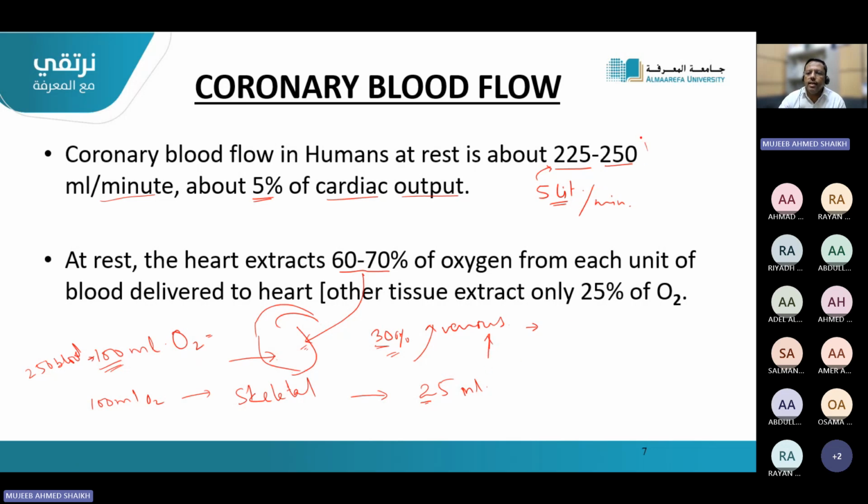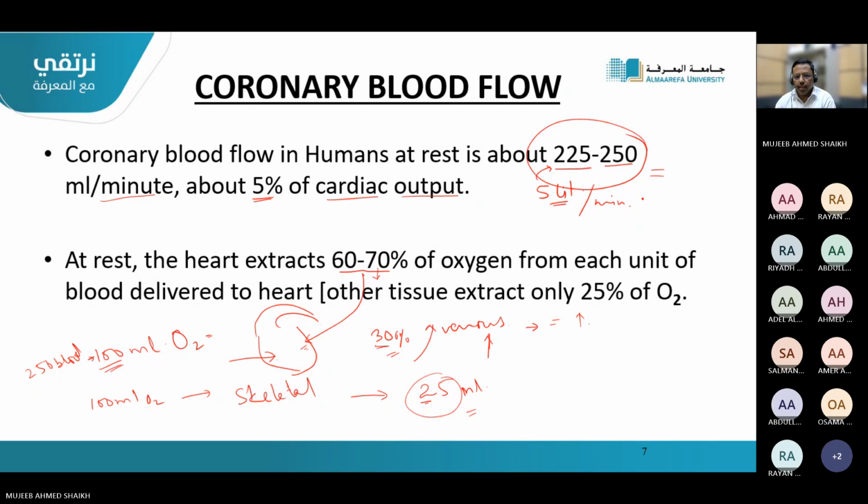We have to increase the blood flow. We cannot increase the extraction. For skeletal muscle, yes, 25 ml is extracted, 75 ml is still remaining, so it can increase up to 70% more. But cardiac muscle is already utilizing 70% of oxygen from the normal resting cardiac output. So to increase the oxygen supply, we have to increase the blood flow, not the extraction.